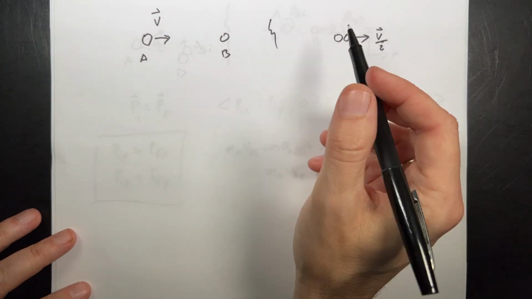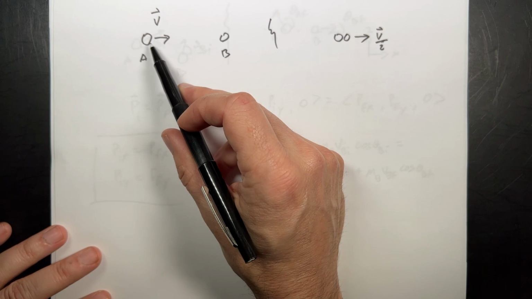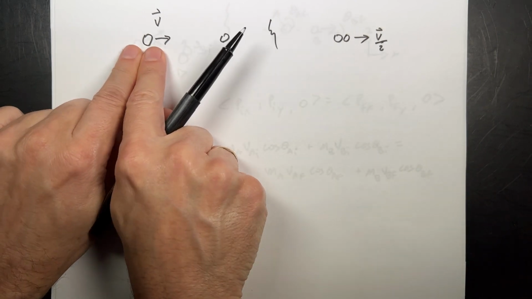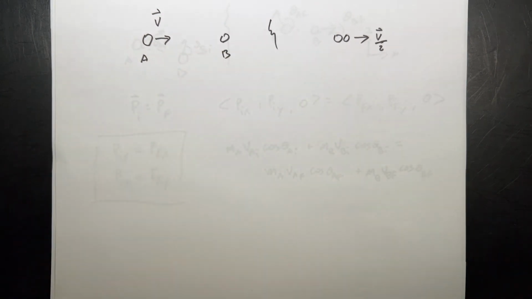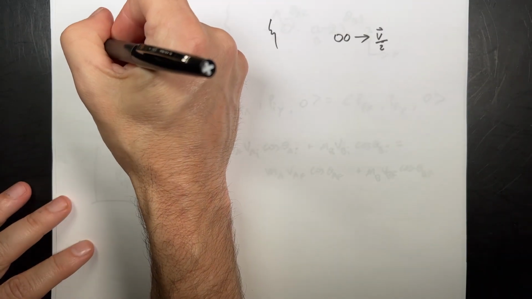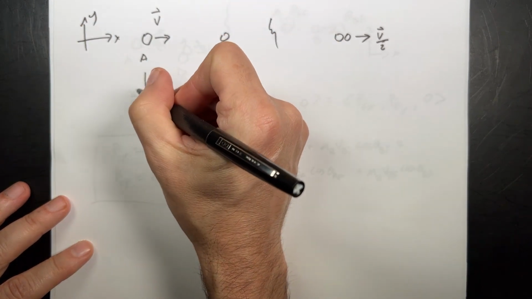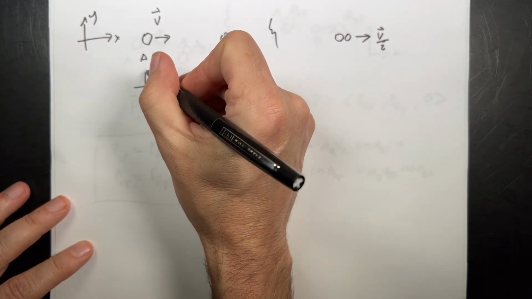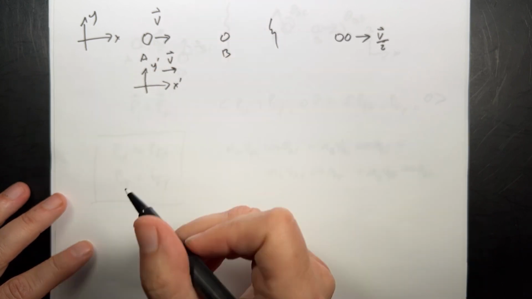Well, what if I want to look at this in the reference frame of object A? Right, so my coordinate system is moving along like this. And in that coordinate system, the same result will look different, but it has to be consistent with both reference frames. So here's reference frame 1, x, y, and here's reference frame 2, x prime, y prime, with a velocity v.